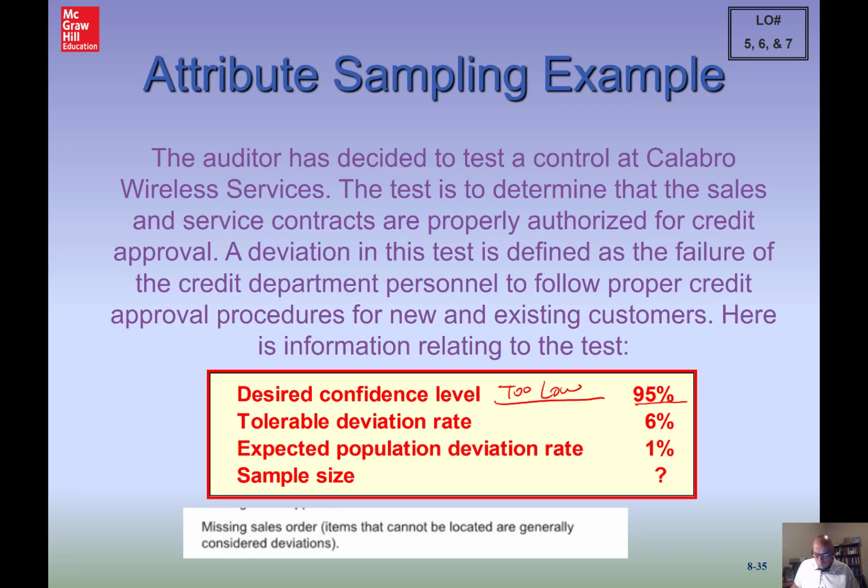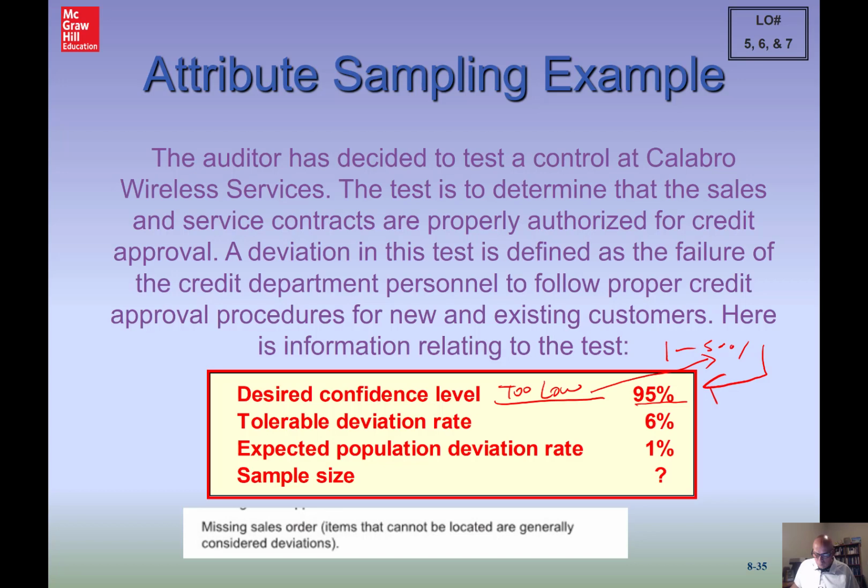So we want 95% confidence. That means we're only willing to accept a 5% risk that we'll assess control risk too low. If we wanted only a 1% risk of assessing control risk too low, then we would be looking at 99% confidence. Okay, so 1 minus the 5% risk of assessing control risk too low is where we're getting this 95%.